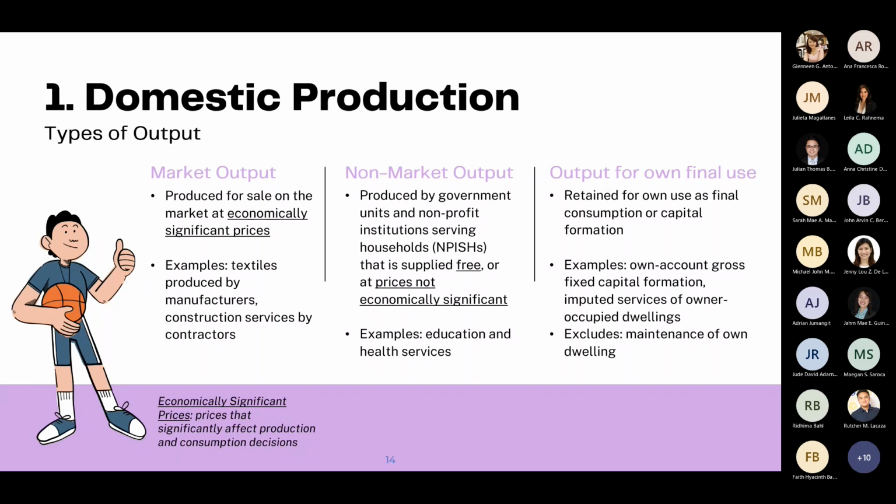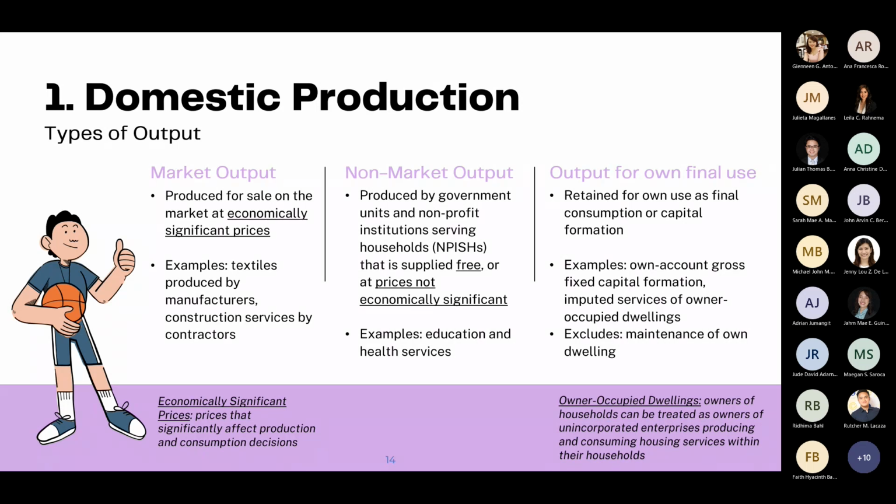Okay. Another example would be services of owner-occupied dwellings. So owner-occupied dwellings are examples where owners of households can be treated as owners of unincorporated enterprises producing and consuming housing services within their households.